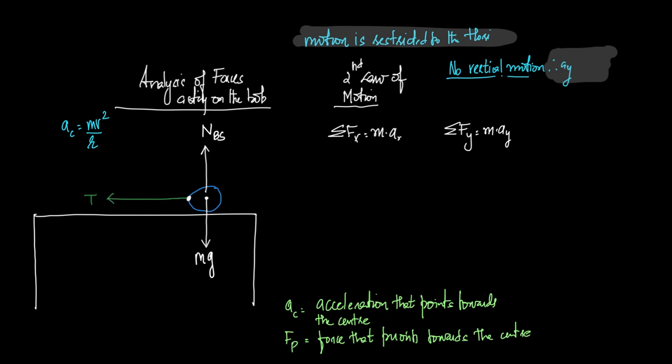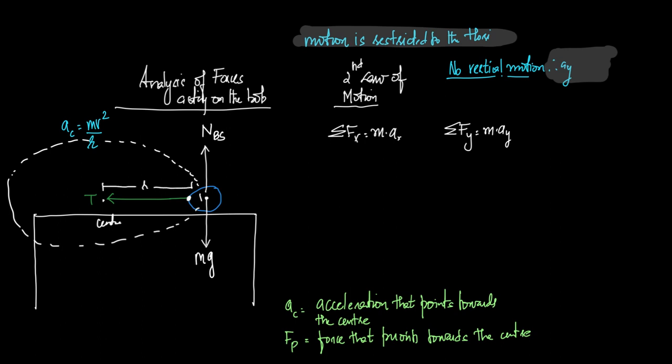Now, this is the circular motion actually traced by it, right? This is how the object is tracing the circular motion, and this is the center of it. Now, when we say center, we definitely have a radius.